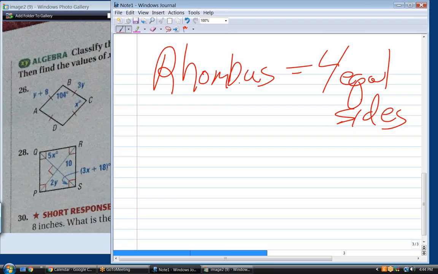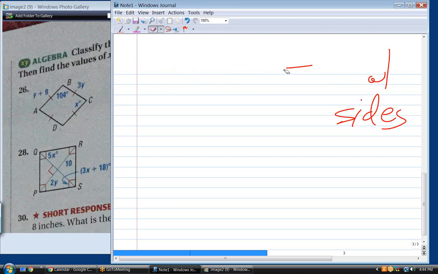Okay. Which means I know adjacent angles are supplementary. So the moment I know this is a rhombus, what's x? X is equal to 76, yeah. Correct. And what equation can I write to solve for y?